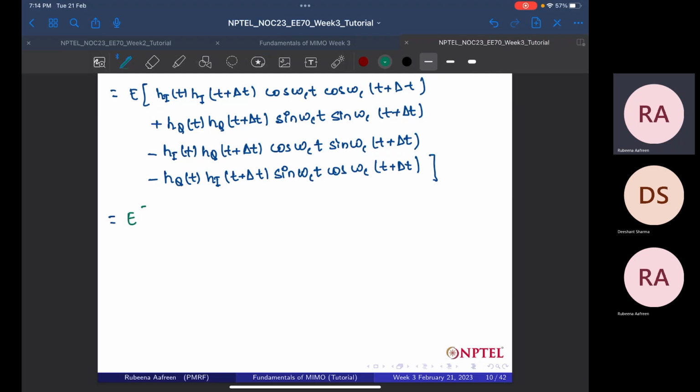This is expectation of hI(t) hI(t plus delta t) into half cos omega c (2t plus delta t) plus half cos omega c delta t.